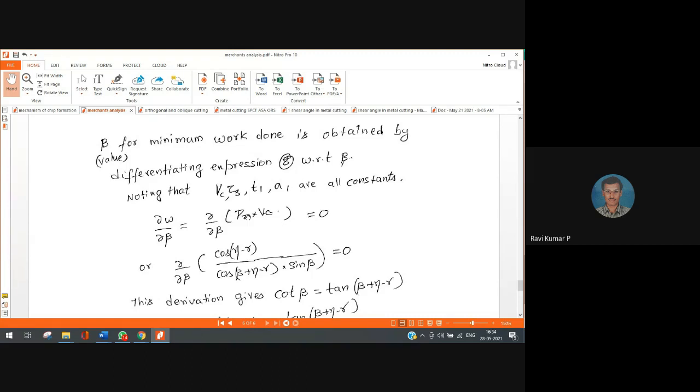That means it is possible to know what should be the rating of the motor which is necessary to drive the job so that metal cutting is performed, right? So in this context, we have done some numerical problems, and we have also discussed the types of chips. Since this is a summary class, let me tell about the types of chips also, then we'll conclude.